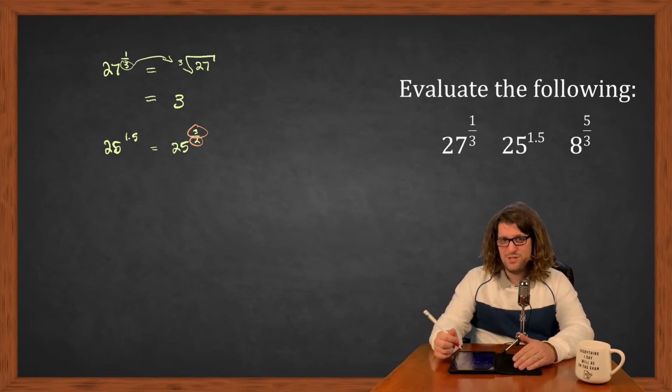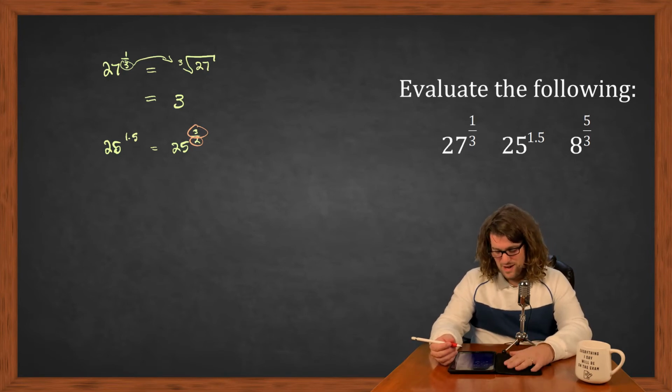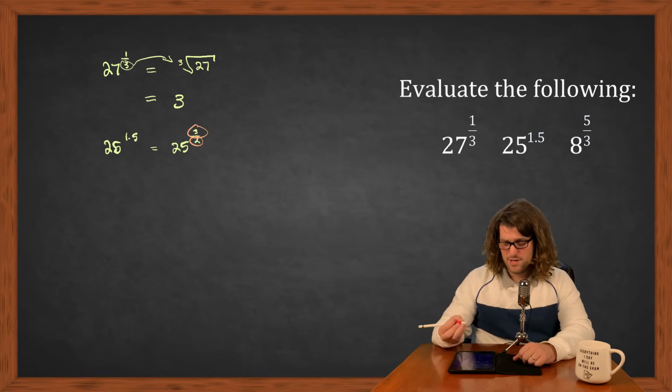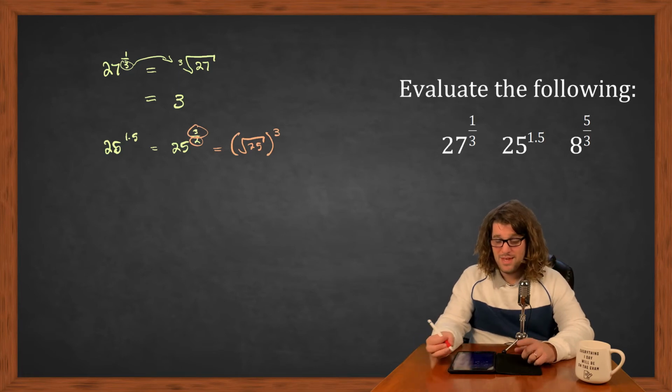I can decide to use the square root first, which brings it down to a 5, and then I can multiply 5 times itself 3 times, which is going to be 5 times 5 is 25, times another 5 is actually a very, very nice value of 125. Now, if you want to see what I'm really doing, I am writing it like this. The square root is going to be done first, and then I'm applying the power of 3.